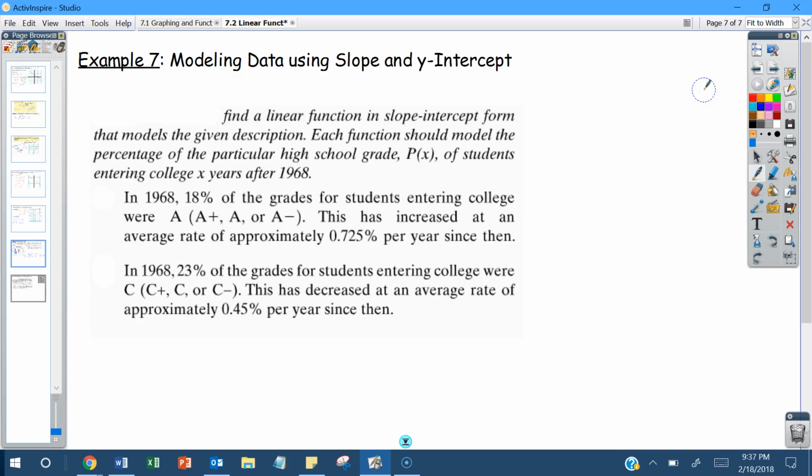All right, let's do a couple modeling things too. There are some advantages of using slope-intercept form in contexts that we can describe as a linear equation. I'm going to demonstrate this with these 2 examples. The directions say find a linear function in slope-intercept form that models a given description. So remember, our slope-intercept form is y equals mx plus b.